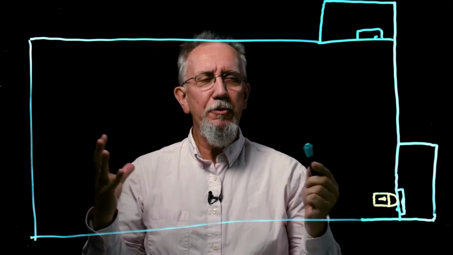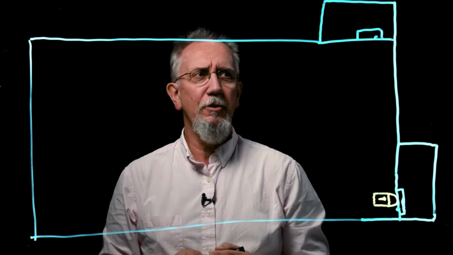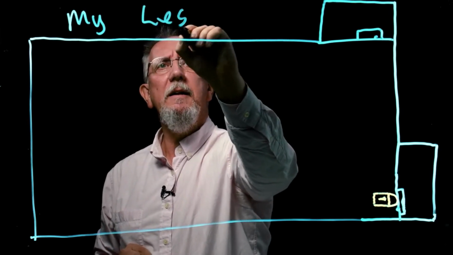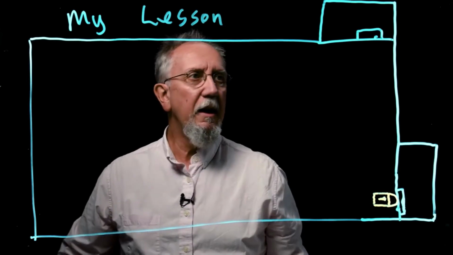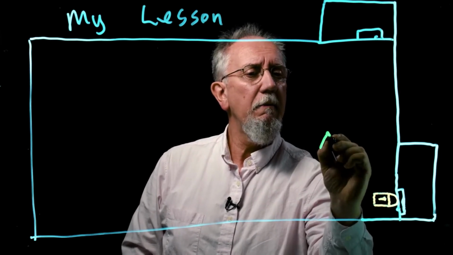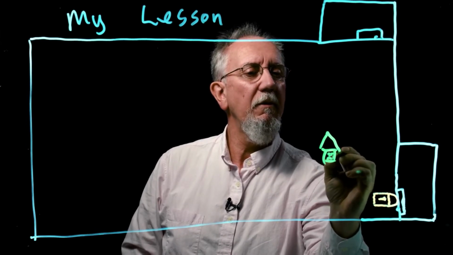So here we have one of the many rooms that we might find in Legend of Zelda, and this room could represent a course, it could represent a learning objective, it could represent one single part of a course or an assignment even, for example. So let's just call this my lesson here. And you notice that upon entering the room here, Link finds, so here's our friend Link.